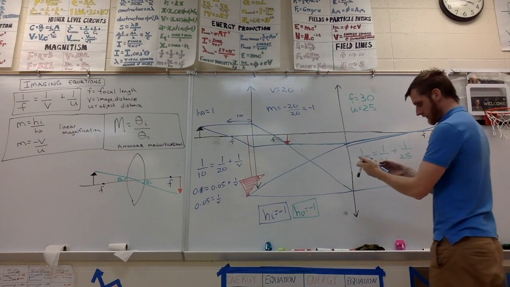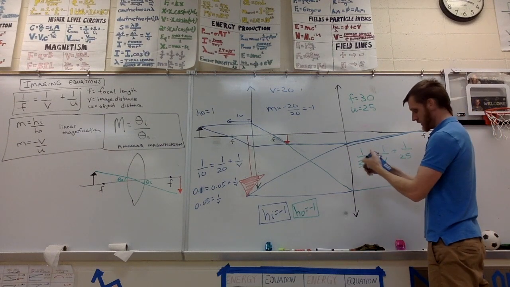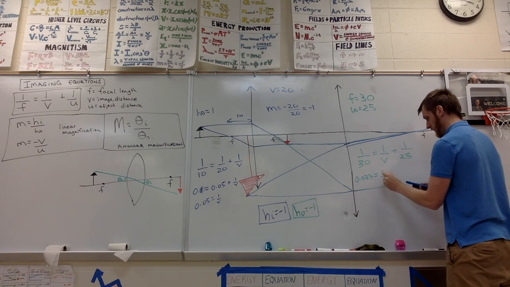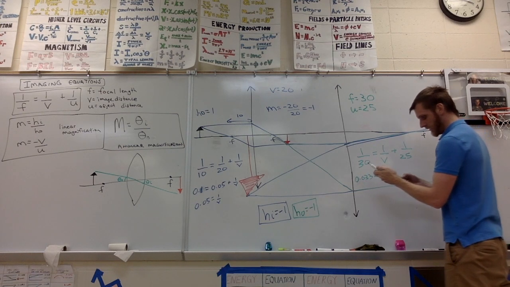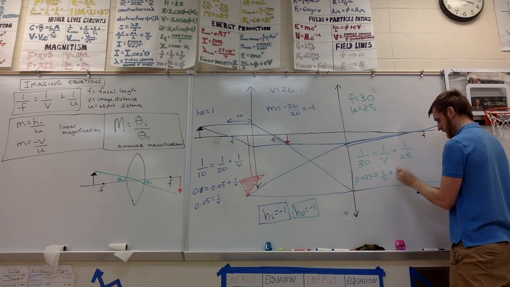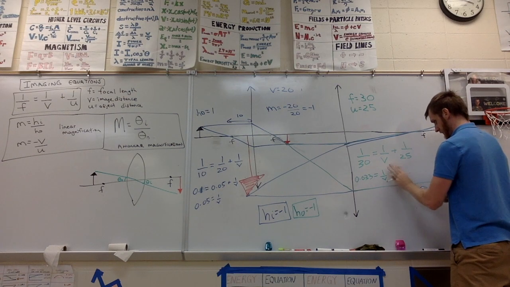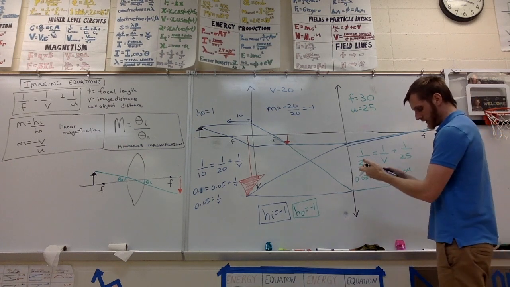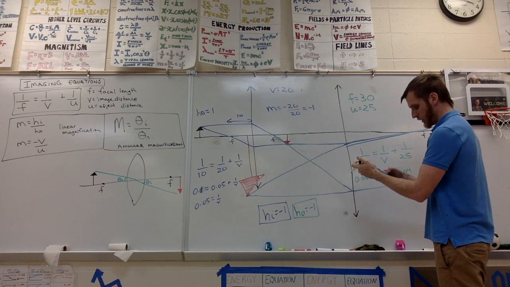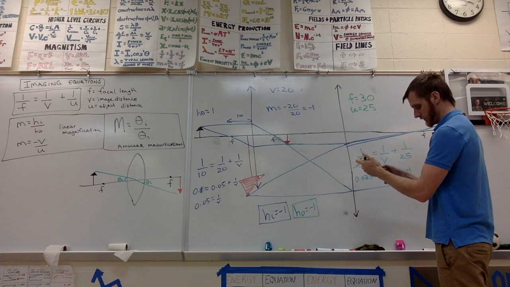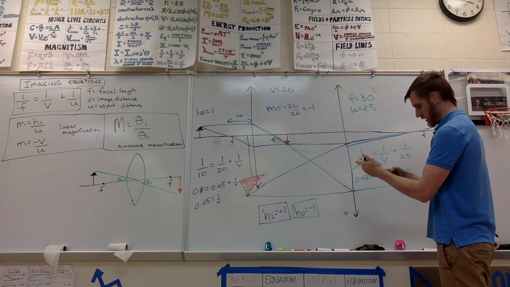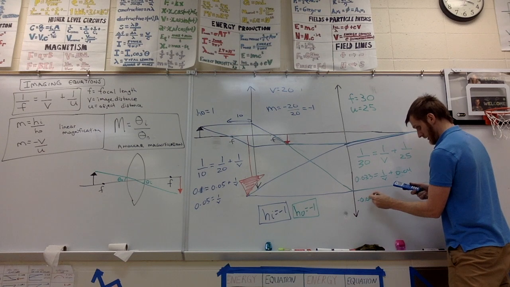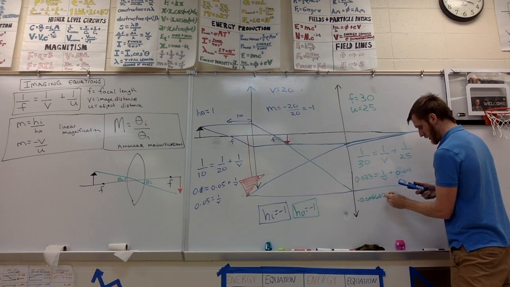So 1 over 30 is 0.033 equals 1 over v plus 1 over 25, which is 0.04. Subtract 0.04 from both sides, so 0.03333 minus 0.04, and you get negative 0.006667 equals 1 over v.